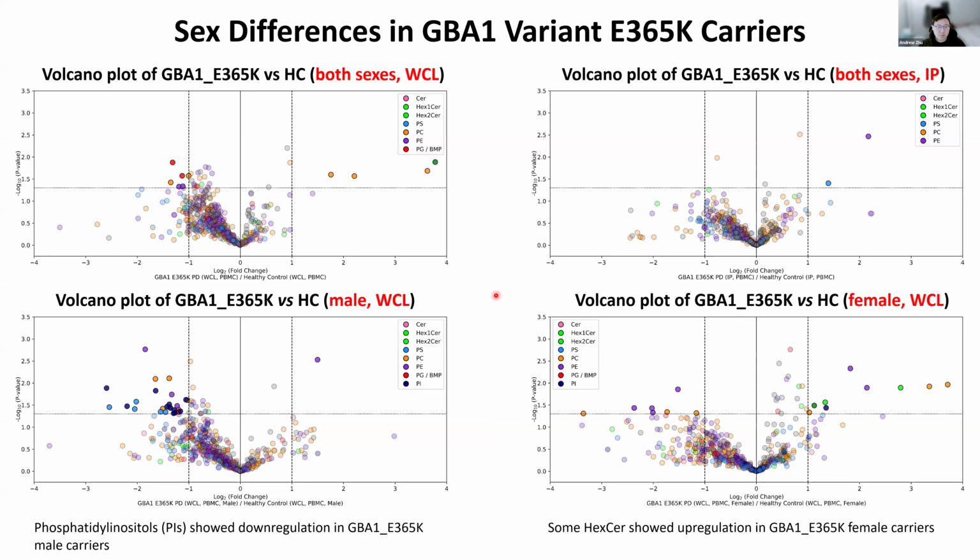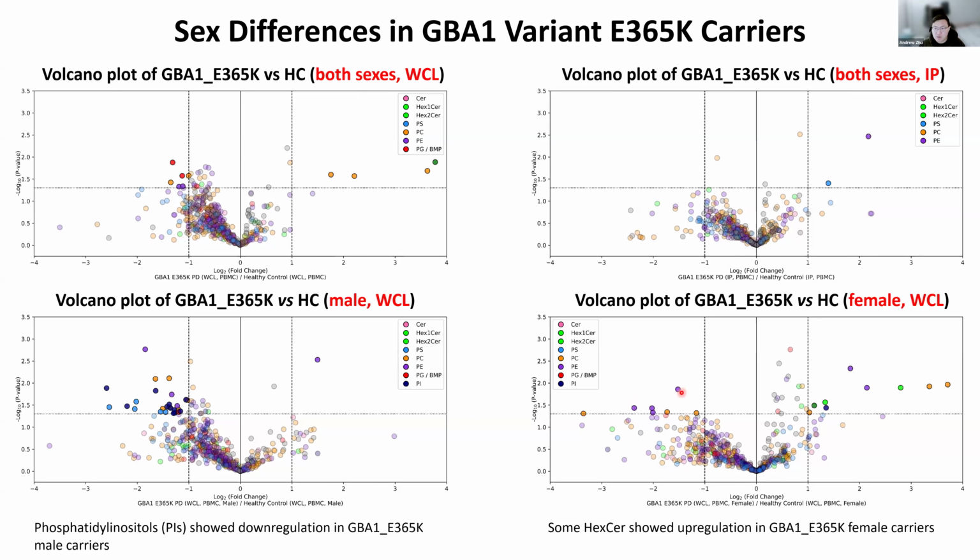But when we look at the male carriers only, we see a very significant downregulation of phosphatidylinositols, PIs, which shows up on the top left. That is related to the downregulation in the E365K male carriers.